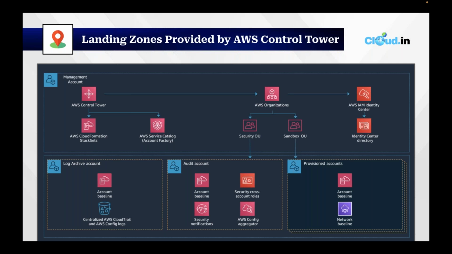Let's say for project number one you would have one OU, the sandbox OU, in which multiple accounts are there. Let's say you wanted UAT and dev infra as separate accounts, and production in a separate account. You can create these child accounts in that sandbox OU.